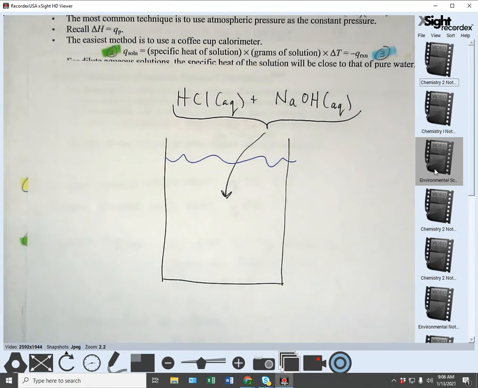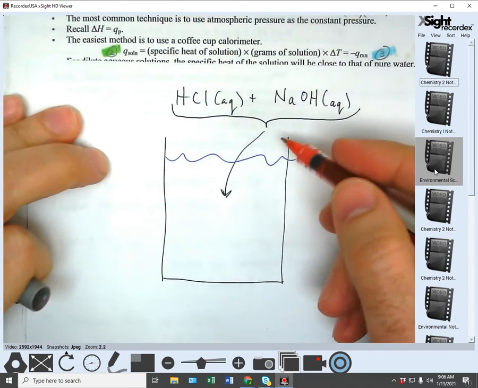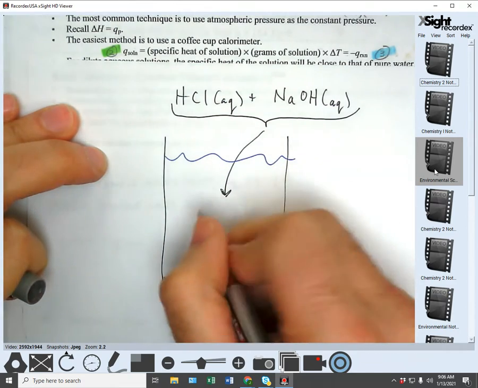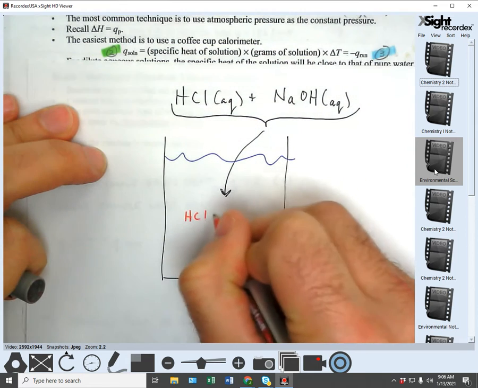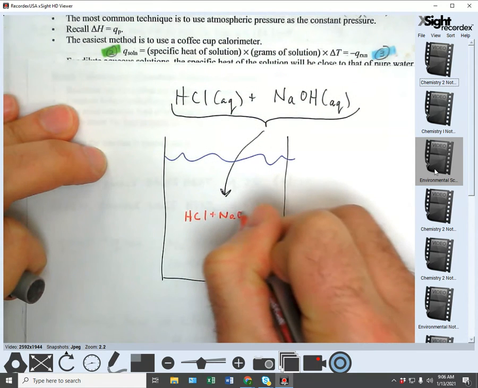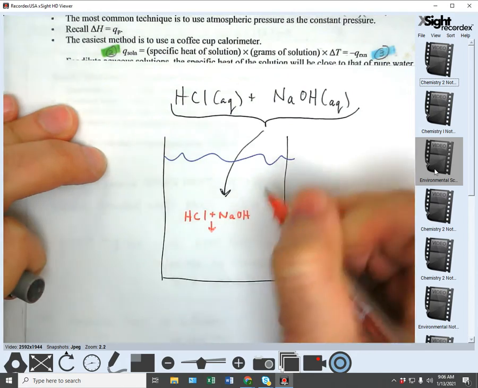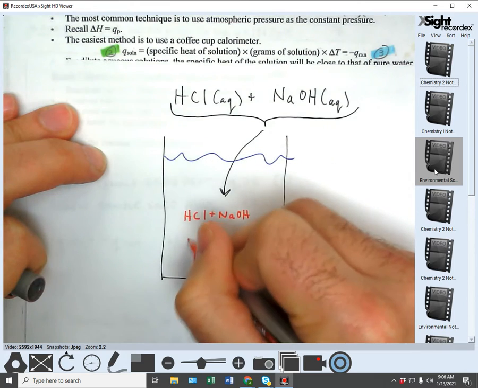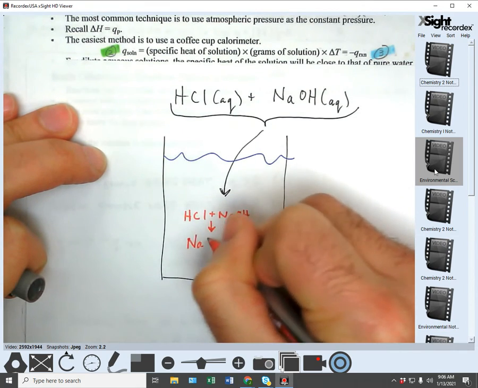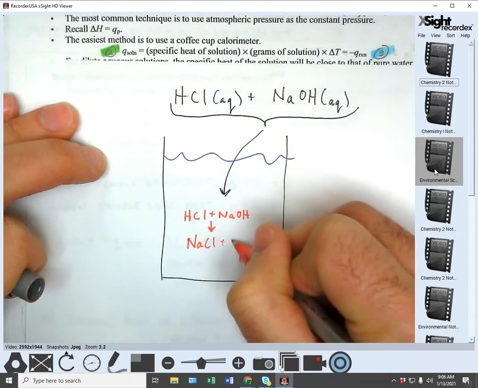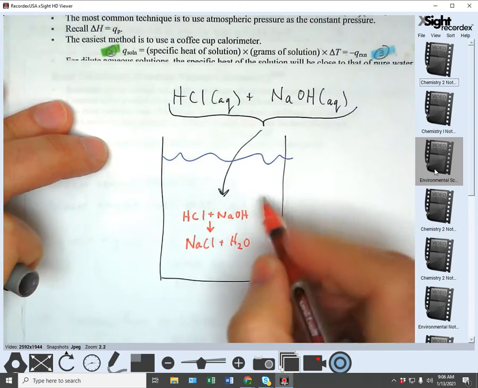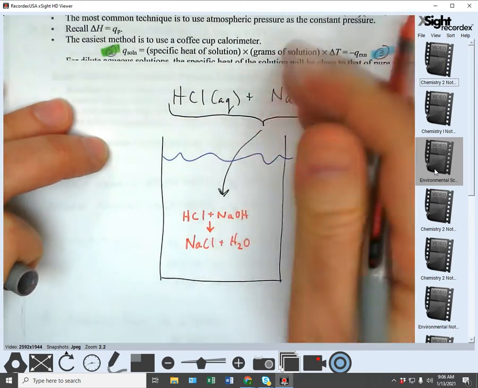So in the solution, you get the reaction, right? You're going to get a salt, the aqueous sodium chloride, and water. So this is the reaction that would occur when you mix the two solutions together.